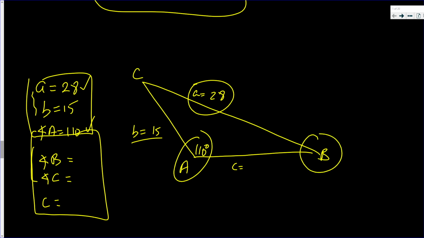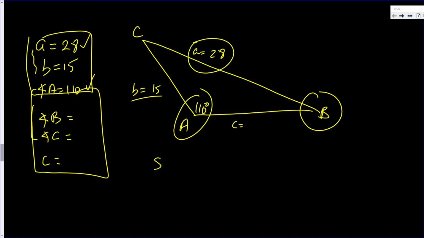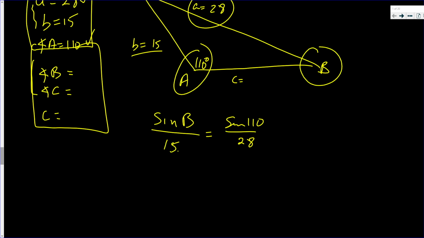So that's going to pair up with angle B, where we don't know angle B. That is the sine of B, which we're going to figure out, divided by little b, is equal to the sine of A divided by little a. So half cross multiplication. This gives us 15 sine 110 over 28.